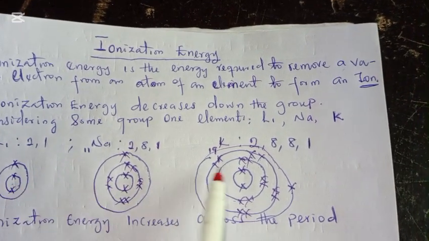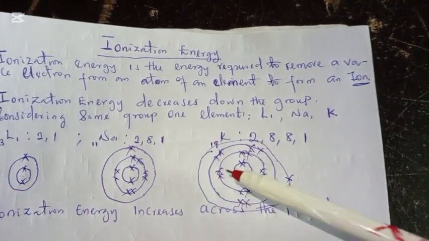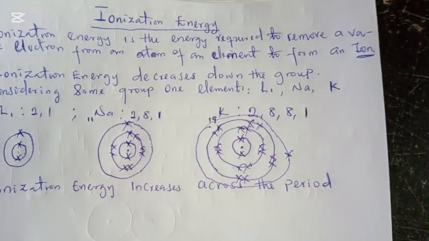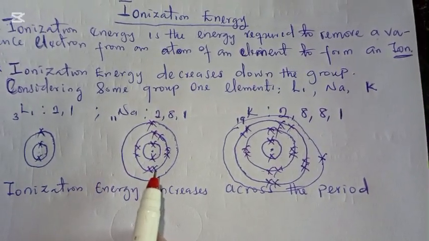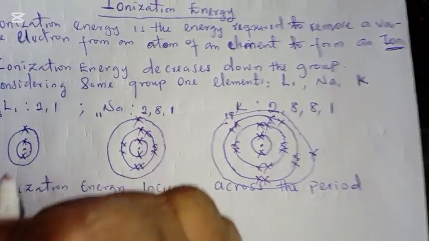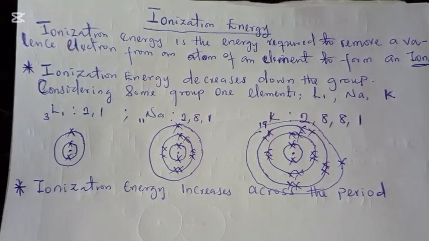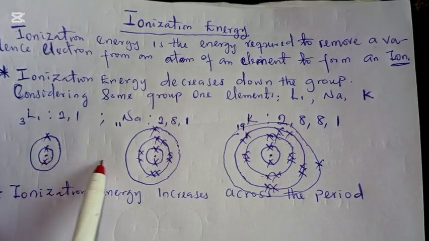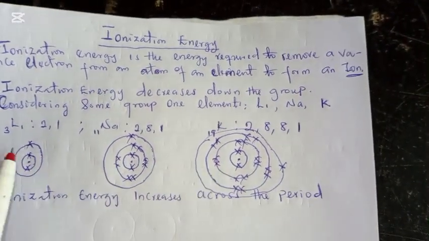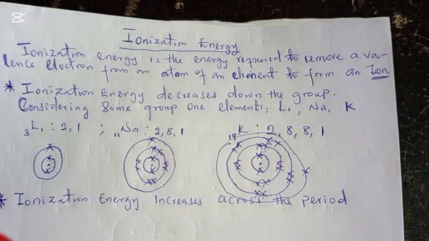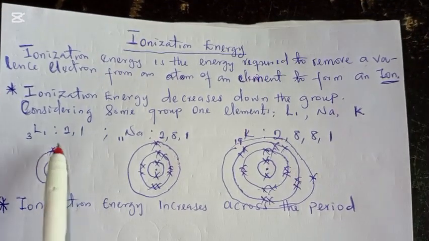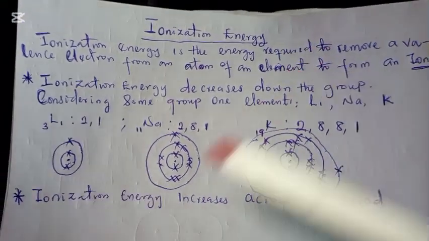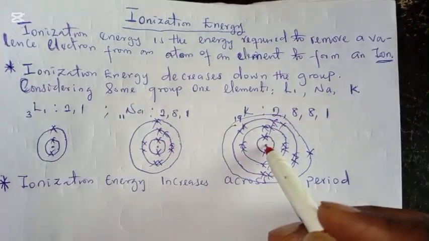Since we have more shells drawn, the electrons tend to move further from the center where we have the nucleus that contains the protons. As a result, the protons will not have much force of attraction for the electrons. Which means as you move down the group, the amount of energy that we need to remove the valence electron will be minimized, since the electrons are moving further away from the protons.